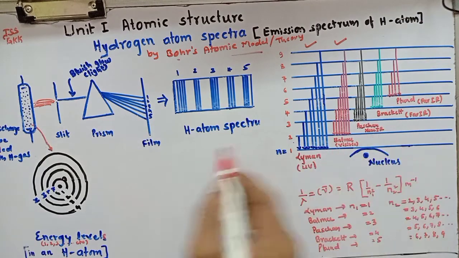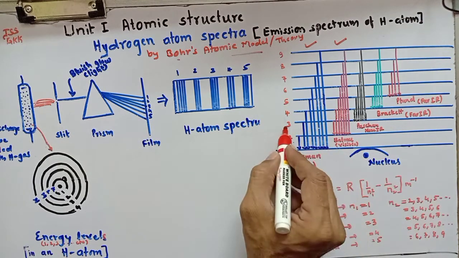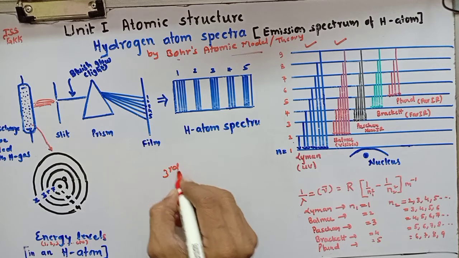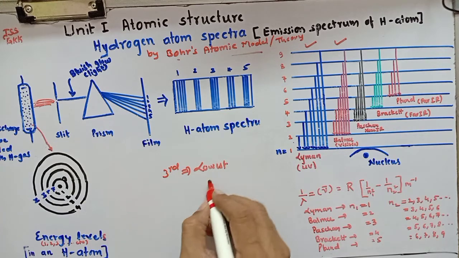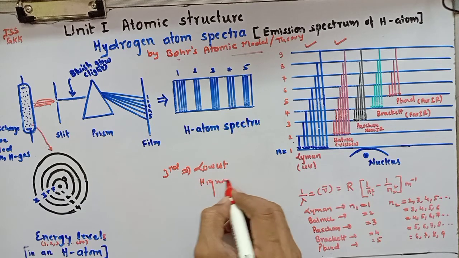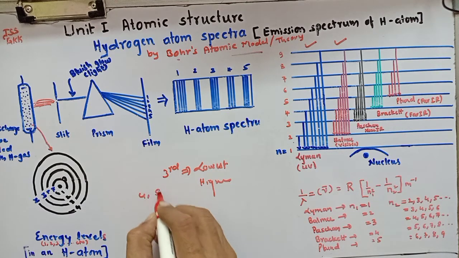Therefore, for the Paschen series, the lowest energy level is the third energy level, and the higher energy levels are fourth, fifth, sixth and so on.